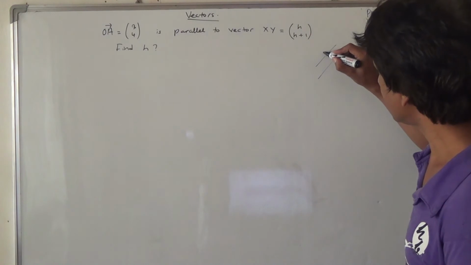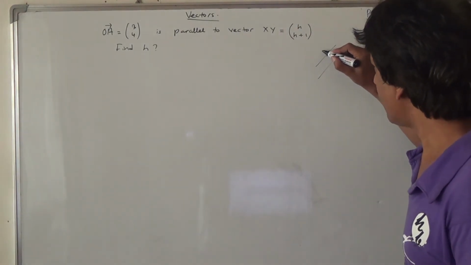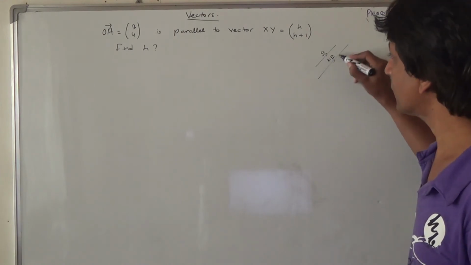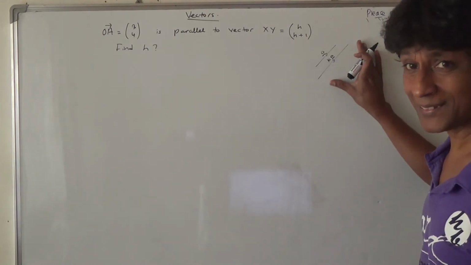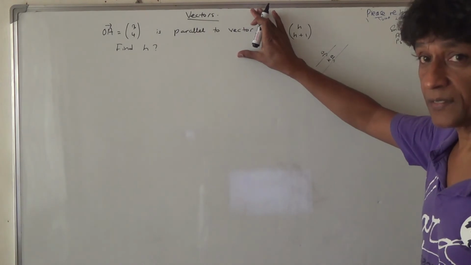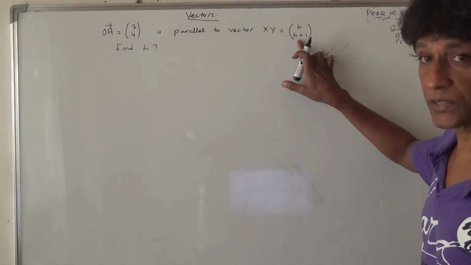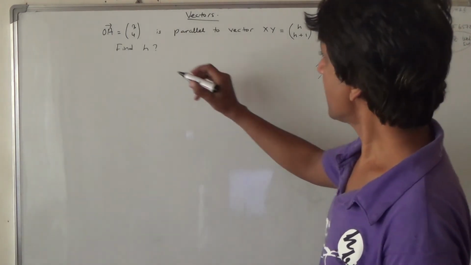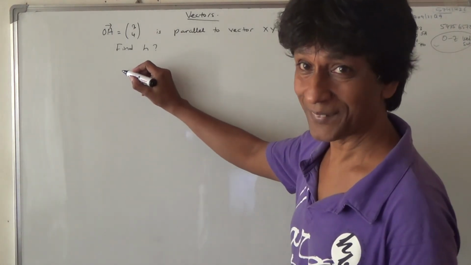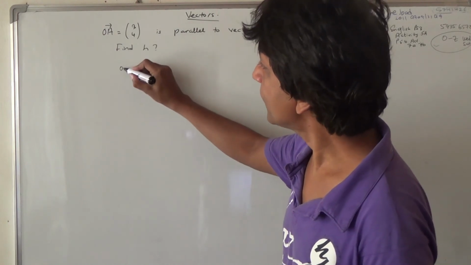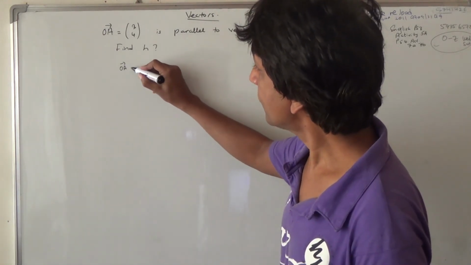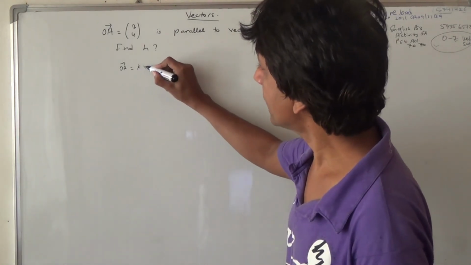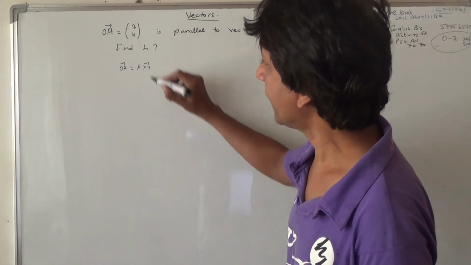Say for example, this is some vector A, this could be equal to k times A. We're going to apply this concept to help us find the value of h. So we bring k into perspective. Because the vector OA is parallel to the vector XY, we can say OA equals k times the vector XY.